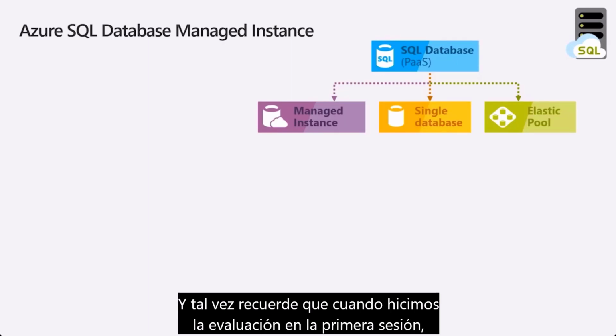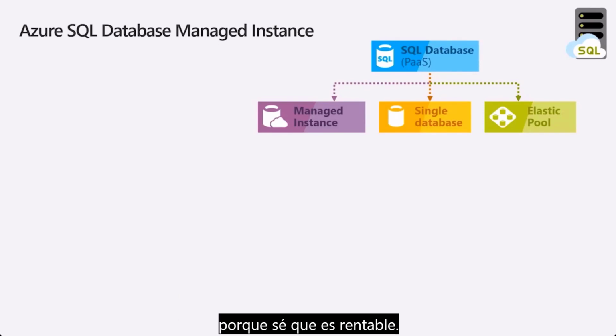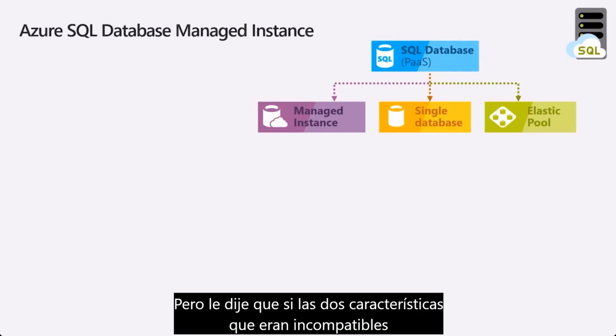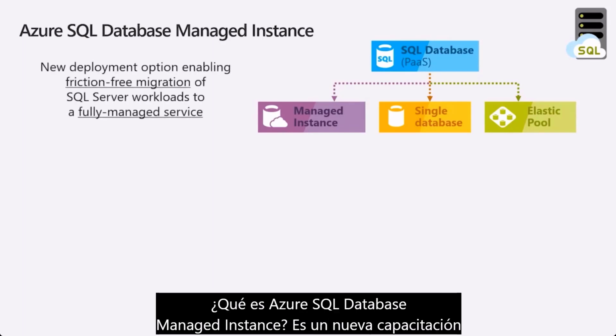And maybe you remember when we did the assessment in the first session, I selected Azure SQL Database single instance as a target because I know it's cost effective, but I told you that if the two features that were deemed incompatible were causing issues, then maybe I could upgrade to an Azure SQL Database Managed Instance instead. So what is Azure SQL Database Managed Instance?